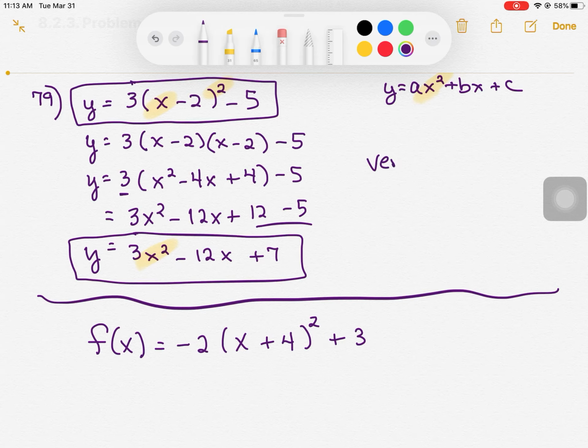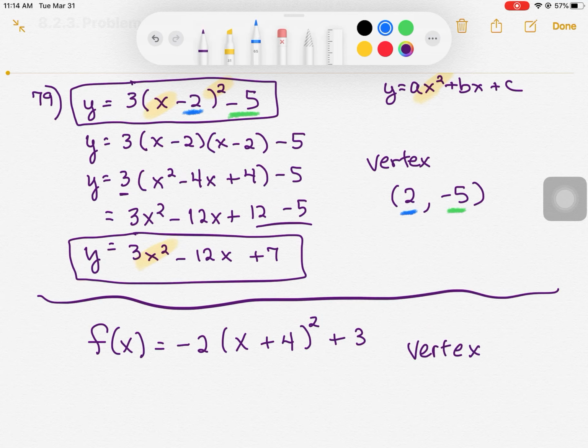But if you remember, our vertex up here was at 2, -5. And based on those points, the 2 coming from here, the -5 coming from here, I think when I go down here and I look at this f of x, I want to make a prediction about the vertex.